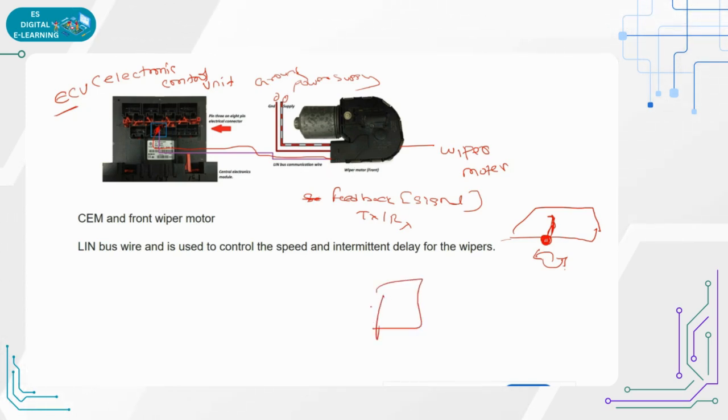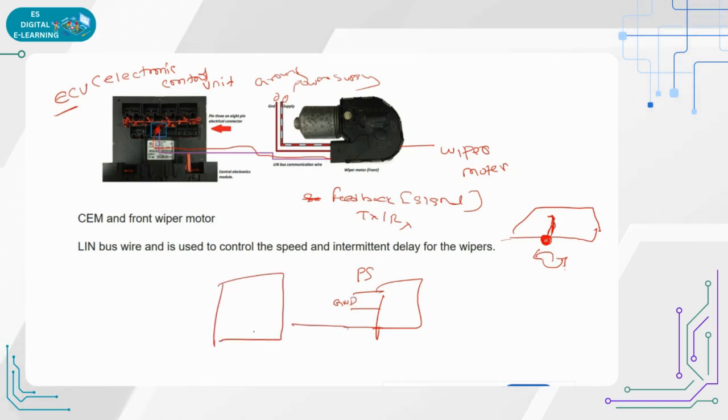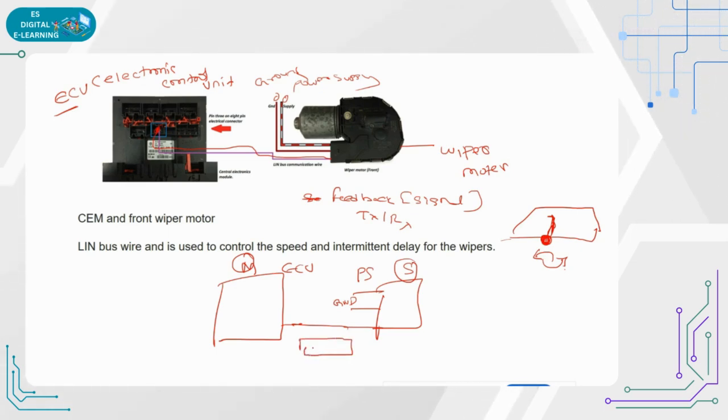For that motor, the power supply, the ground, GND I will write, and this is the feedback. I am connecting this to the ECU. Here this is my master and here is the slave. Whatever data we are sending will be transferred in the header and the response. So the data we are transferring is in frames.